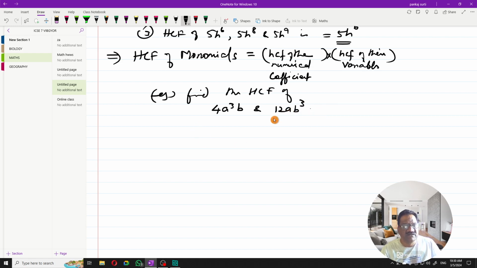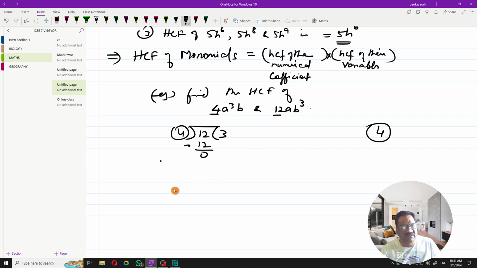Here I am not going to explain stepwise. So directly, what is the HCF of 4 and 12? I'll be a bit quicker. 4 3s are 12, so 4 itself is the HCF. So the HCF of 4 and 12 is 4. So I got this 4.